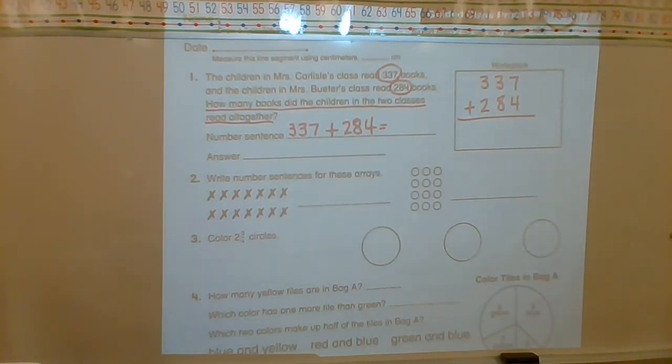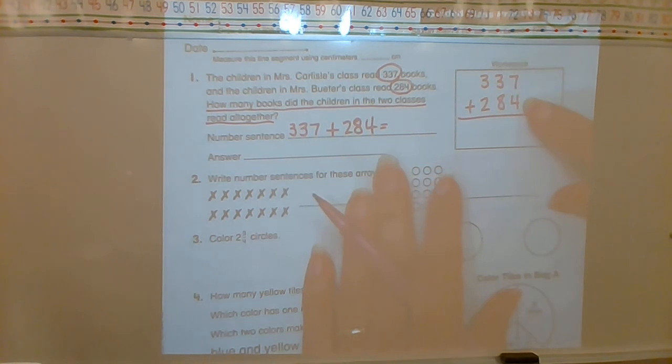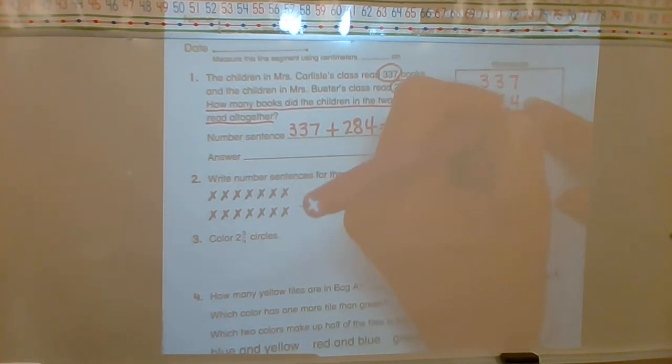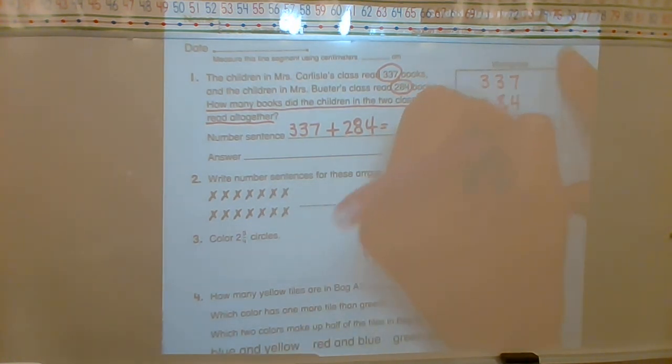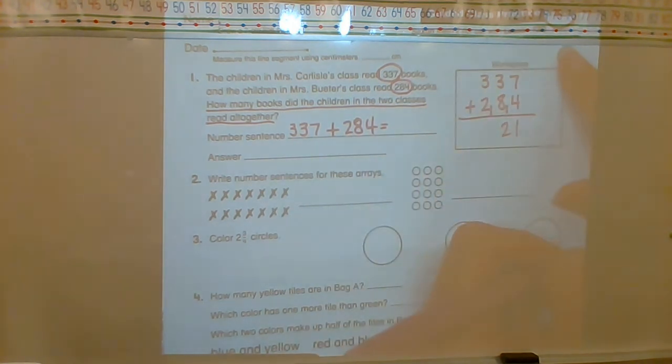Say it with me. Always add your ones first. What is 7 plus 4? That's right, 11, the 1 comes down, the 10 moves next door. What's 3 plus 8? 11 plus 1, 12, the 2 comes down, the 100 moves next door. What's 3 plus 2 plus 1?